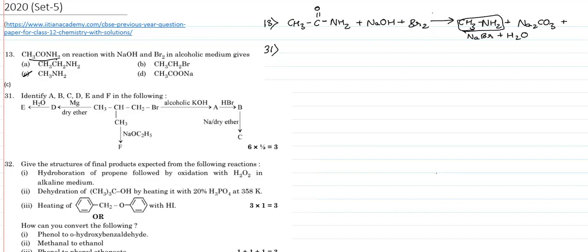So here they have asked us to figure out what A, B, C, D, E, and F are. So the thing is, when you look at something like this, it automatically might overwhelm you. So what I would suggest is, let's break this down.